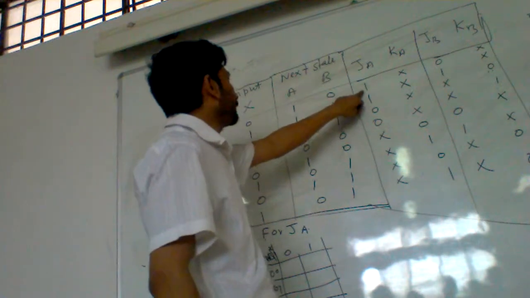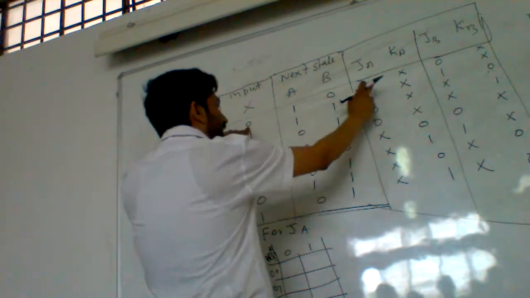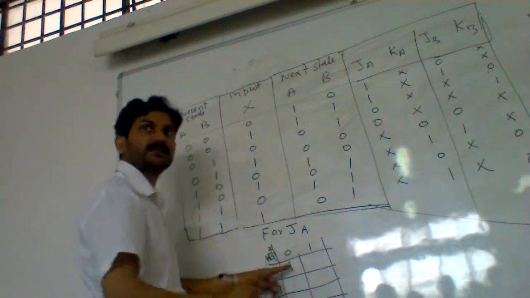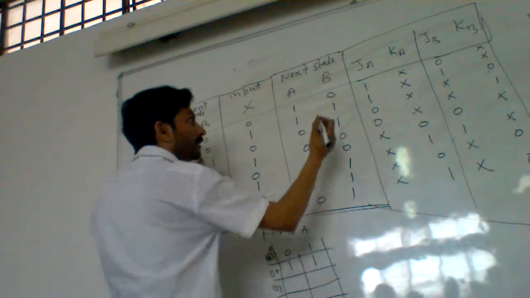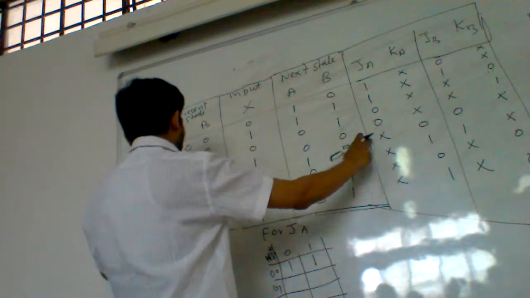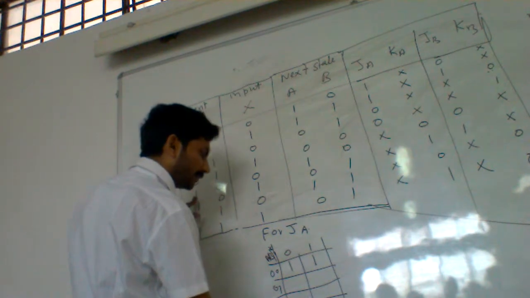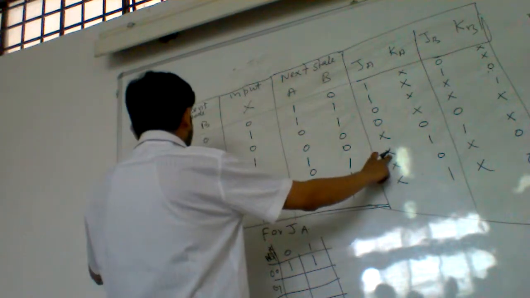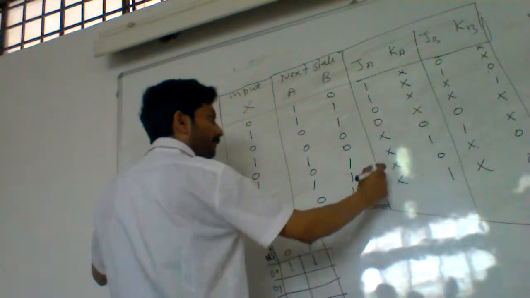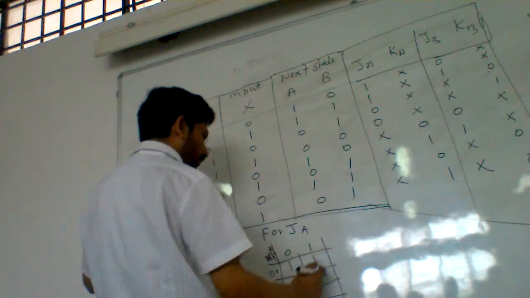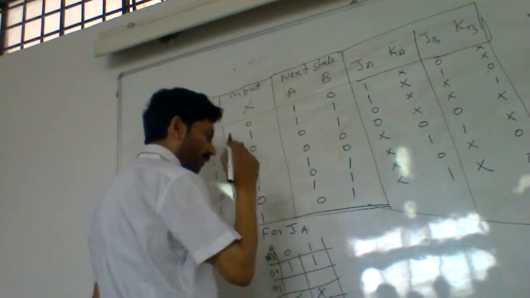This is JA. See here, 0 0 0 gives 0, and 0 0 1 gives 0. For 0 1 0 and 0 1 1 there is 1. 1 0 0 and 1 0 1 are don't cares. 1 1 0 and 1 1 1 are don't cares.